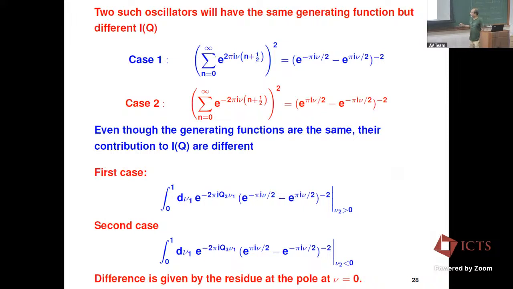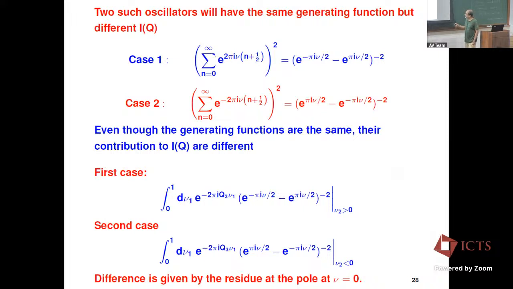So now the point is, if you want to extract the actual numbers out of this generating function, the difference is not in the function itself. The function is the same. But if you are trying to extract the result for the first case, we have to first see where this series converges. This series converges for positive nu2, so you have to take this contour for positive nu2, whereas this series converges for negative nu2.